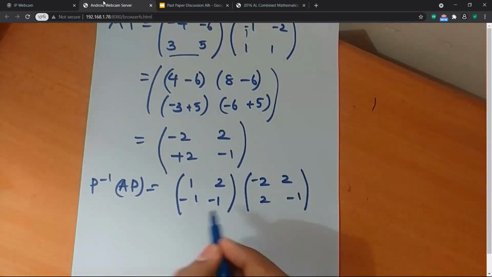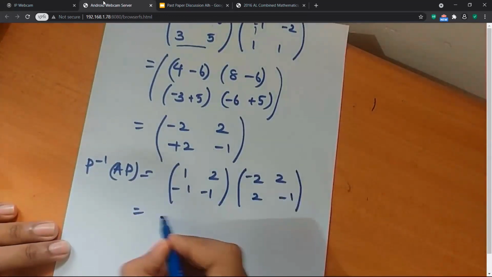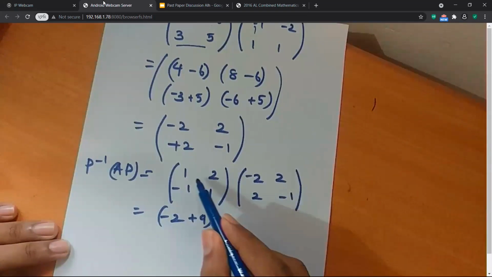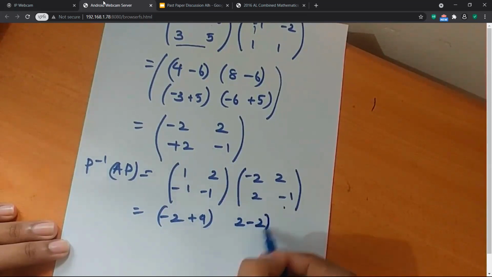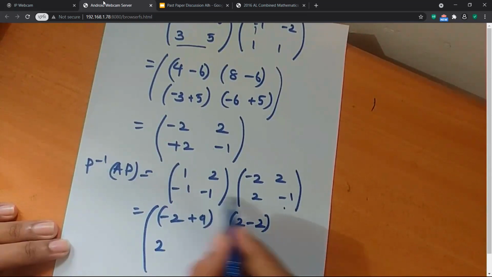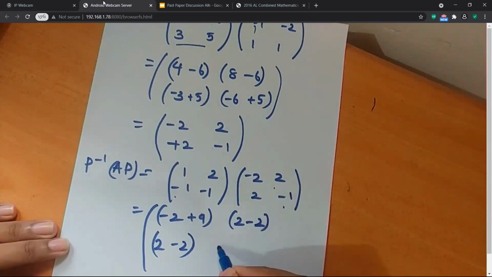So multiply it again. 1 times -2 is -2. 2 times 2 is +4. So -2 plus 4 is 2. 2 times -1 is -2. So -1 times this is +2. -1 times 2 is -2. Minus minus plus 1. 1 times 1 is 1.